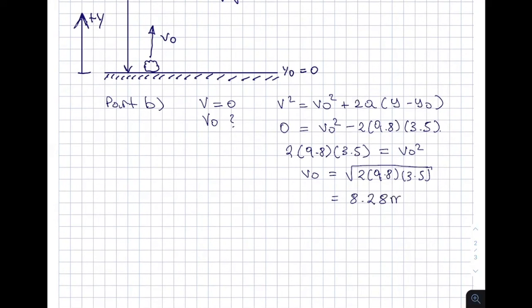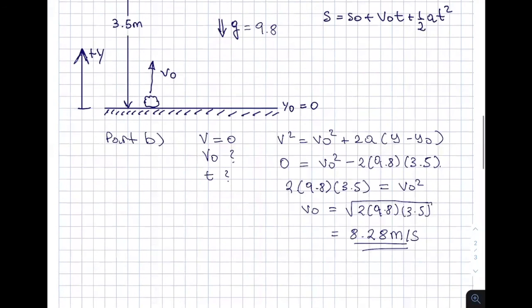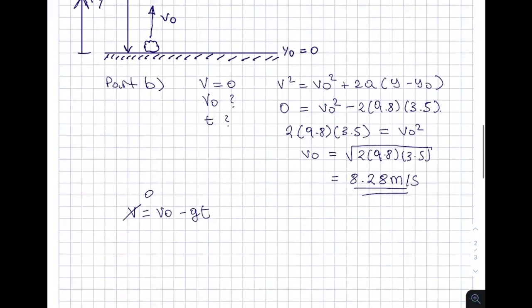v naught is 8.28 meters per second. Using the second equation to solve for t, we write v is equal to v naught minus gt. v is 0. v naught, we just solved it, is here.